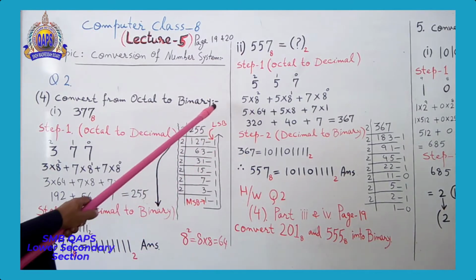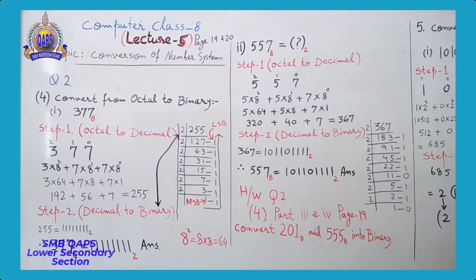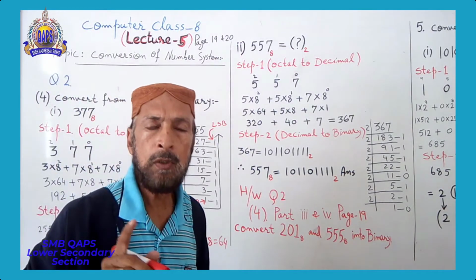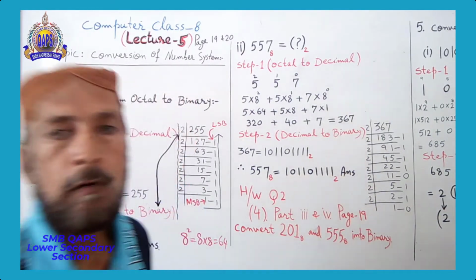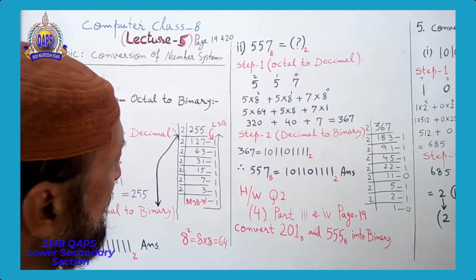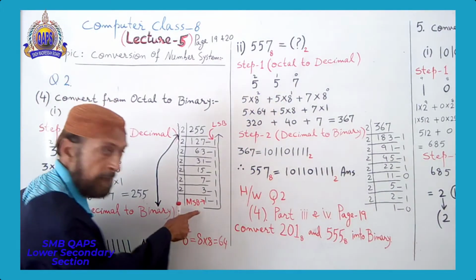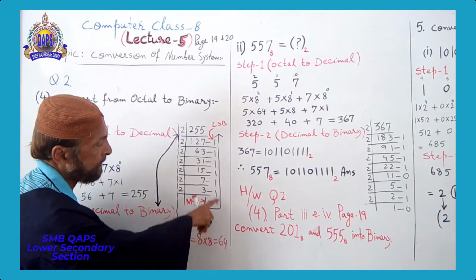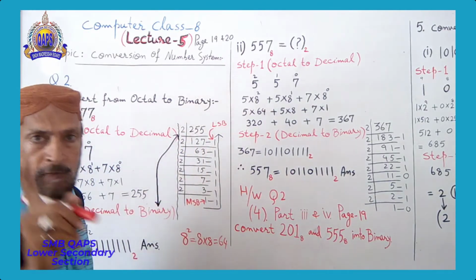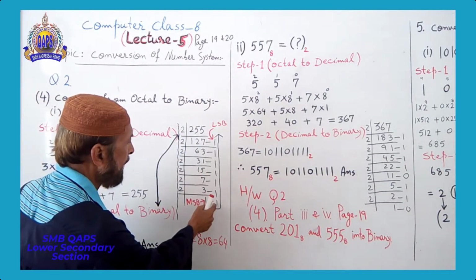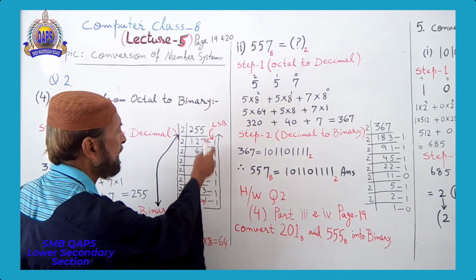You remember LSB, least significant bit. So we will start writing from MSB to LSB, from here to there. So the answer will be 1, 1, 1, 1, 1, 1, 1, 1.